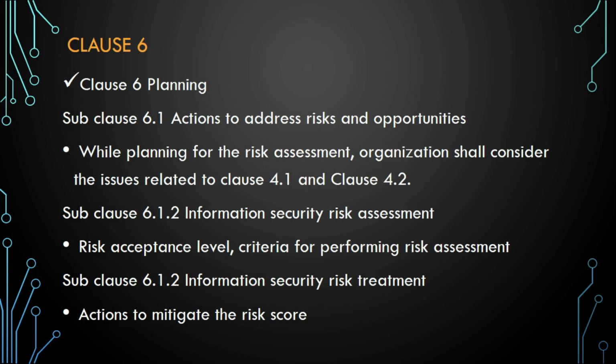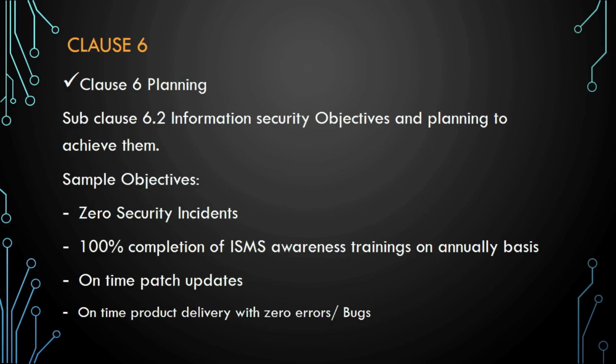For example, if you identify a high risk, what are the mitigation plans, how do you mitigate it, and how do you reduce the impact value? Those things you need to plan in this clause. I'll explain in detail, step by step.